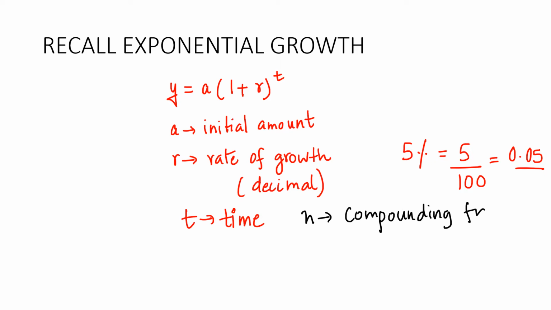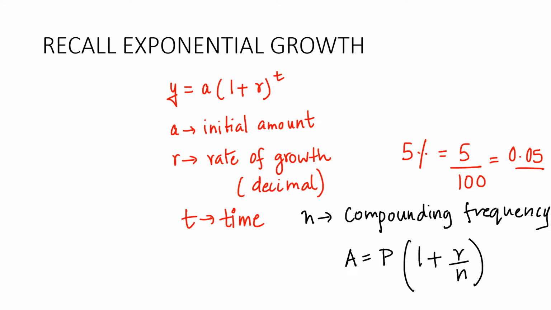So in that case, we will change our value of n accordingly. So as you proceed in the lesson, you will see that we might sometimes use the formula amount is equal to principal multiplied with (1 plus r divided by n) and then raised to the power nt.